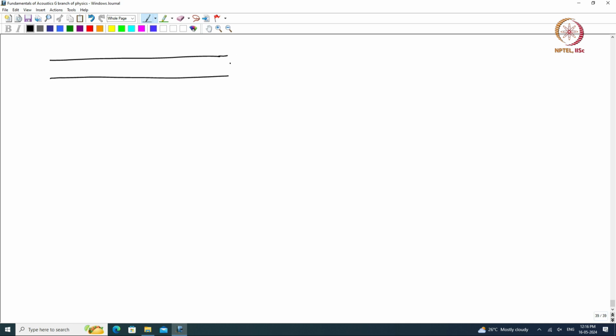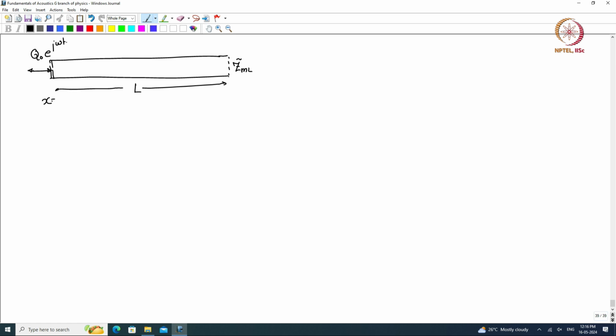Okay, and there is again some mechanical impedance at the end. And here it is driven by a piston. Okay, a volume velocity source. Q0 e to the power of j omega t is the volume velocity, and this is a finite length duct.